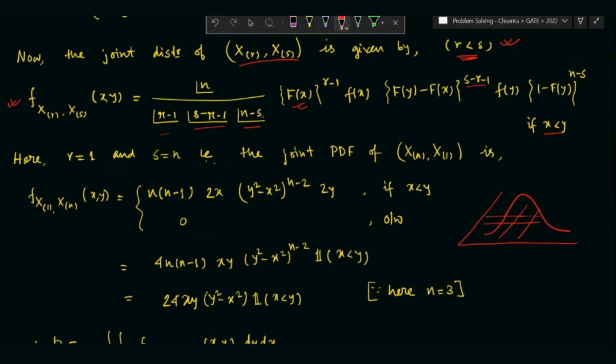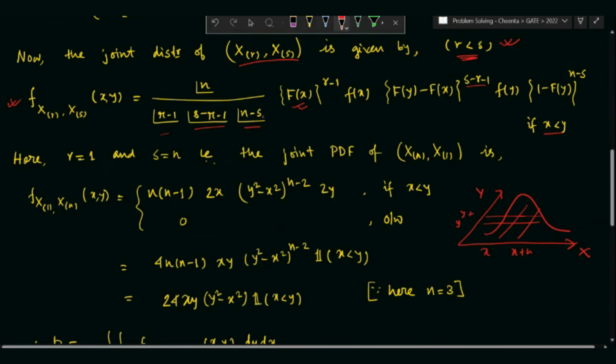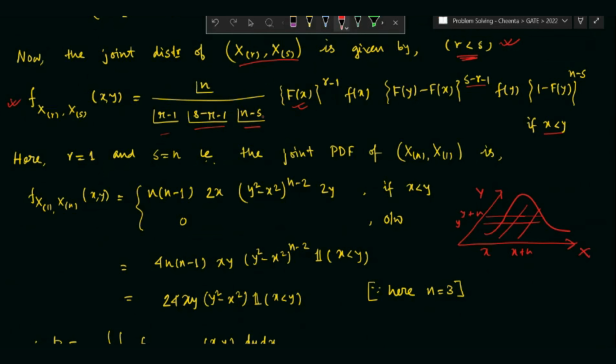Say this is x, this is y, so this is x plus h, this is y plus k. Now we have to find this region and the mass corresponding to it. We will get a region here, which corresponds to the density. So by calculating the probability in the density, we will get the required PDF.